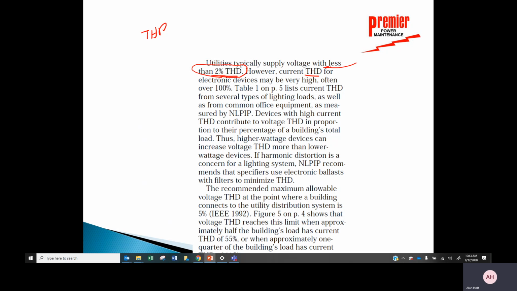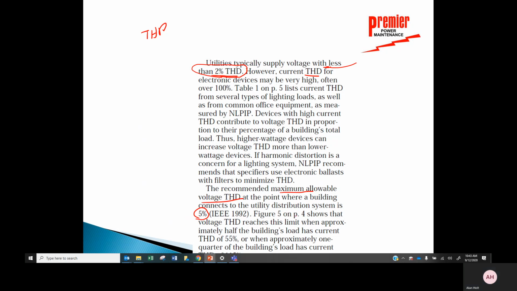So what we're looking at is that the recommended allowable voltage harmonic distortion at the point where the building connects to the utility, this is a little bit older, 1992, is 5%, okay? So we don't want to see a voltage distortion above 5%, and really that's pretty poor, okay?